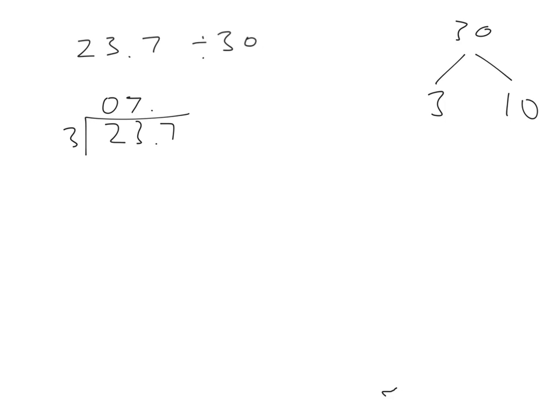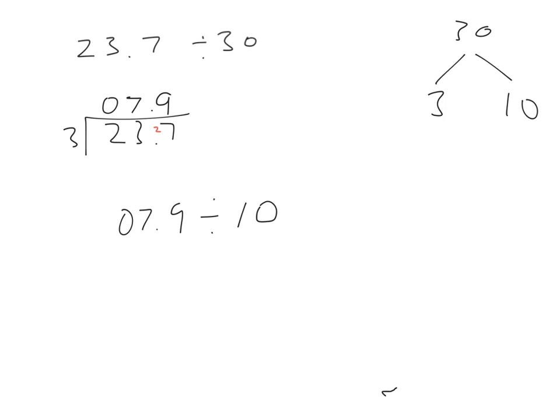23 minus 21 is 2, so we put the remainder next to the next place value. And now we're asking how many times does 3 go into 27? And we know the answer to that is 9. Okay, so now we have 7.9 divided by 10.